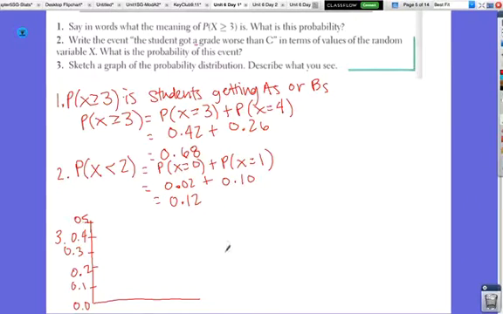And then across the bottom, I would have 0, 1, 2, 3, and 4.